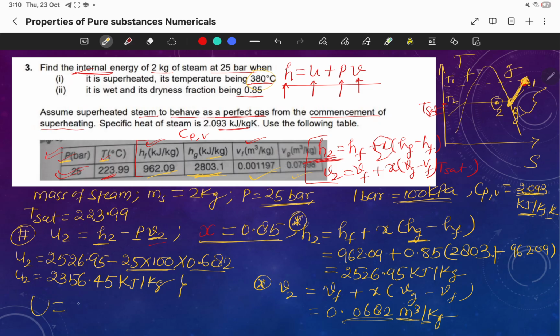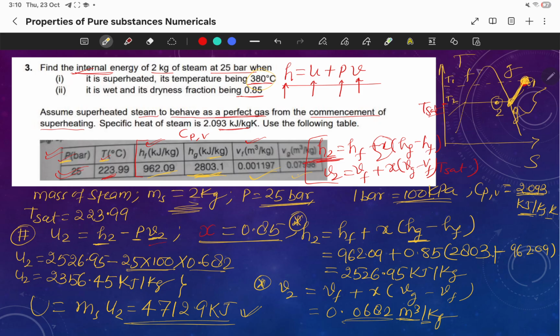Now total internal energy will be how much? Ms into U2, so multiply it by 2. Ms is given here. Okay, so we will get 4712.9 kilojoule.